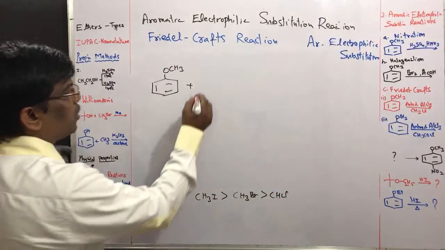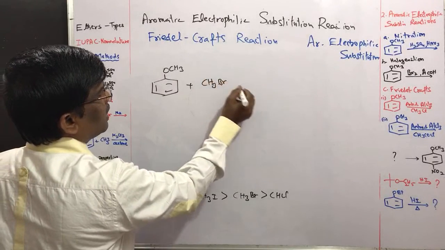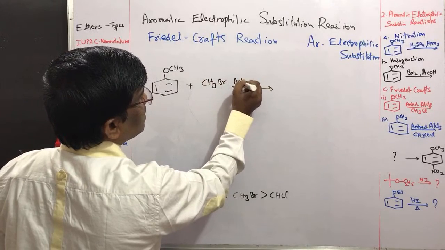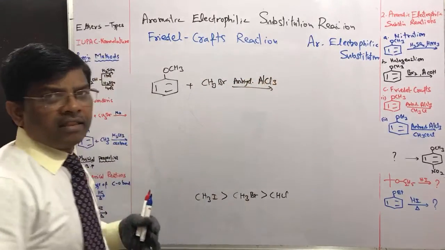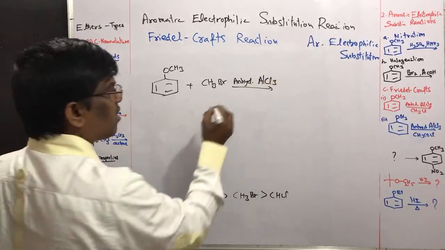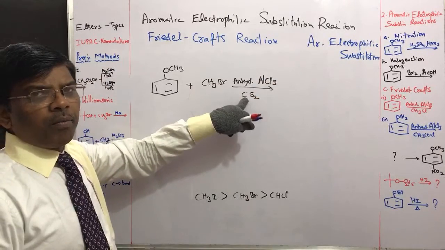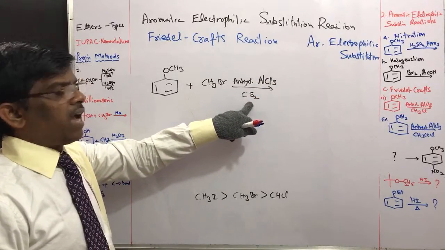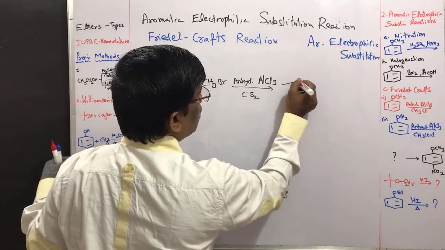Which one am I going to use? Let me use methyl bromide, in the presence of anhydrous aluminum chloride. The usual solvent is carbon disulfide, whose boiling point is around 50 degrees centigrade. Take this carbon disulfide and do the alkylation of anisole.